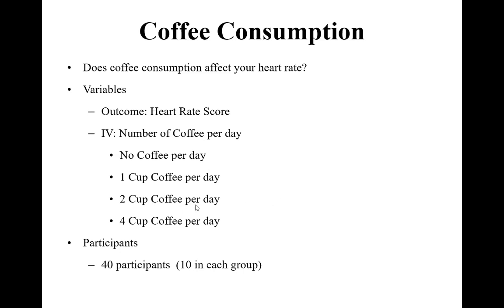And the third group, the 2 cups of coffee, we are giving 2 cups of coffee for 1 month, and after 1 month we are measuring the heart rate score of the 10 persons. And the last, fourth group, we are measuring the heart rate score of the 10 participants here.